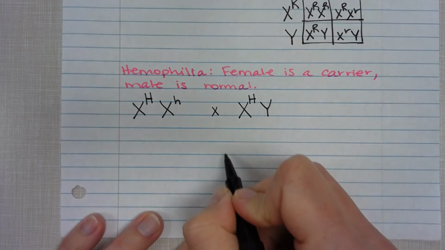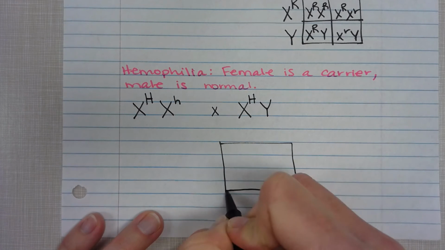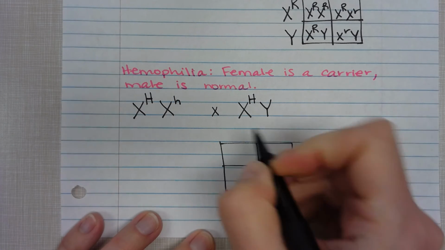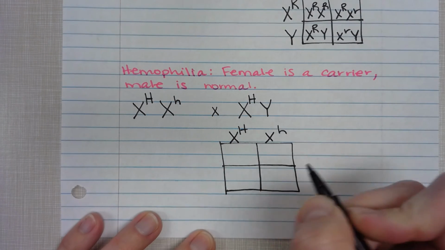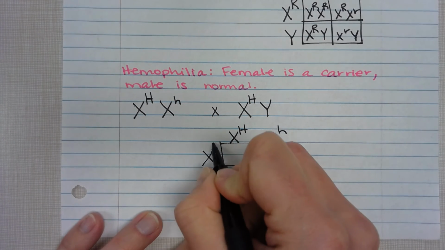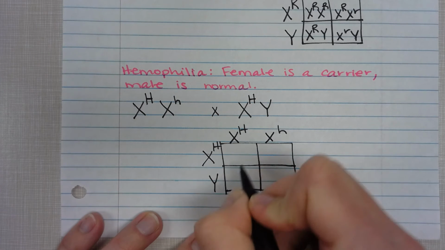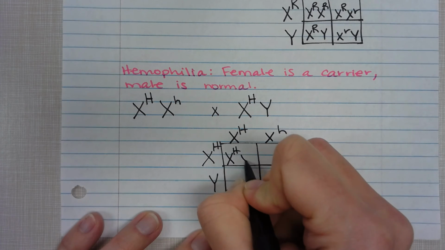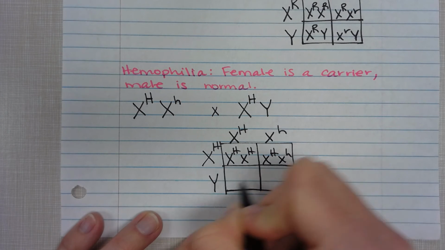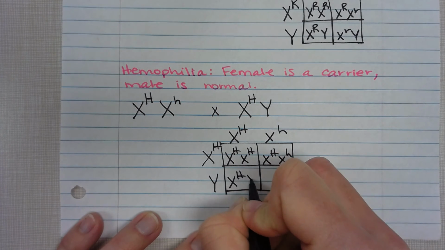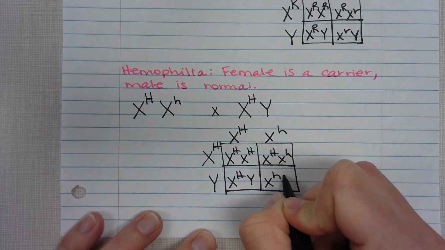In order for him to be normal, he has to have that capital allele. You do your Punnett square, filling them in as you go. Like so.